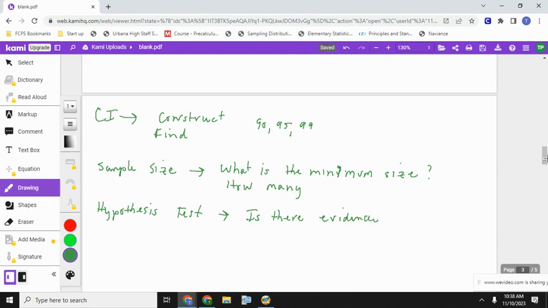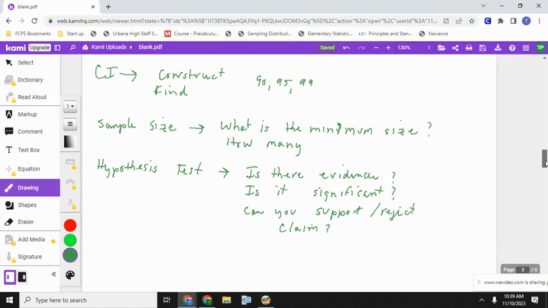Is it significant? Can you support or reject a claim? Those are all going to be hypothesis tests.